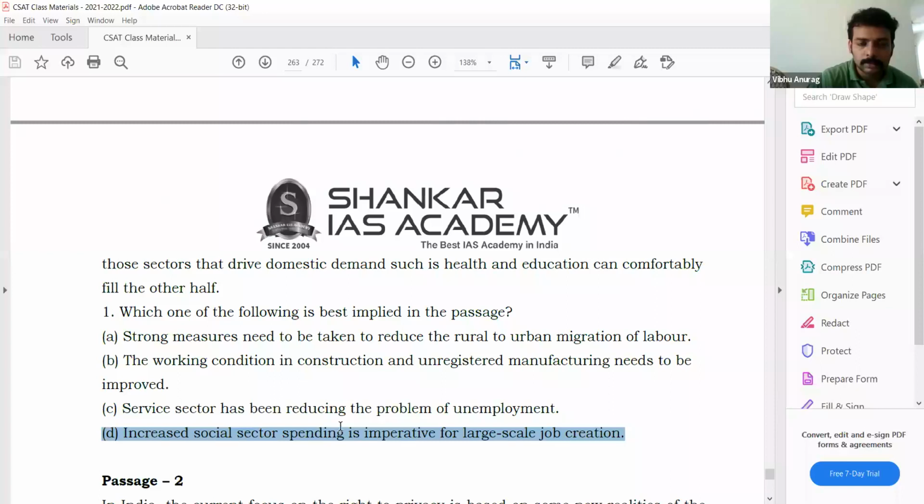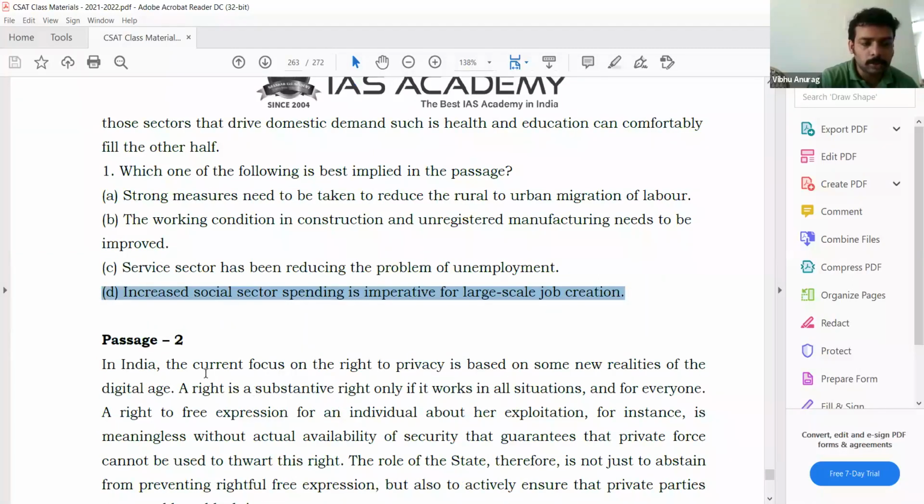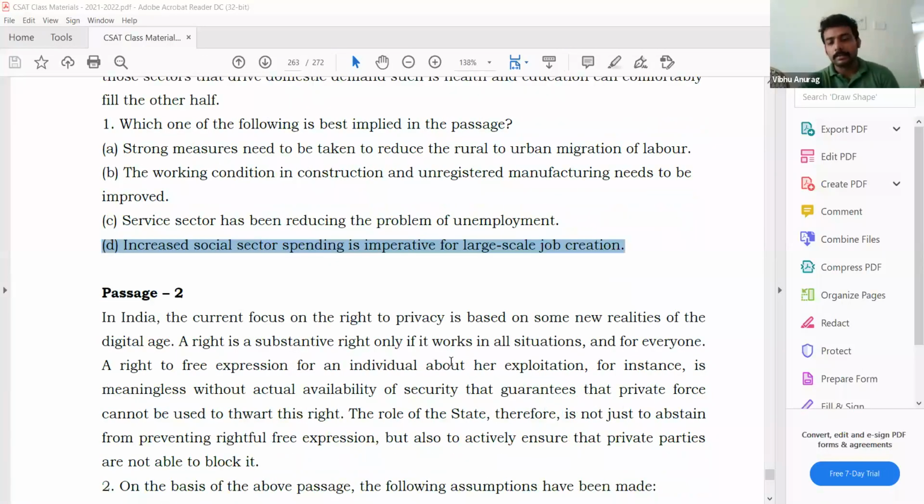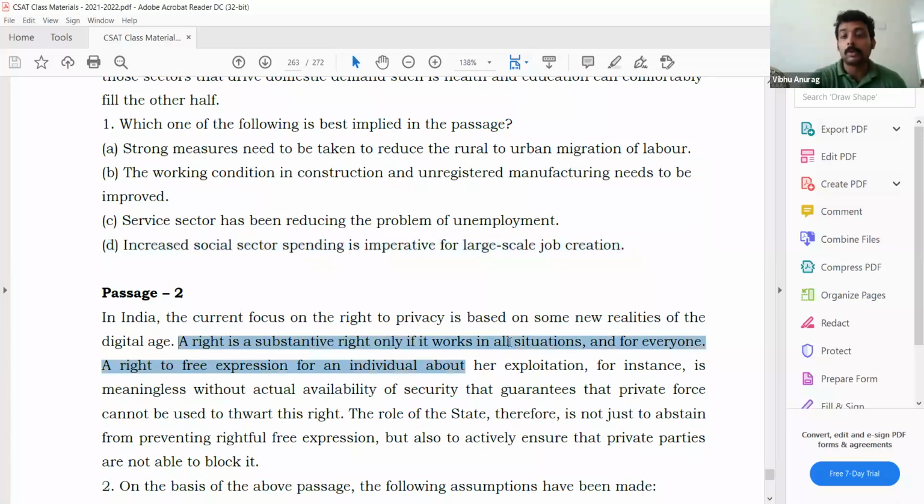Okay. And see passage 2. In India, the current focus on the right to privacy is based on some new realities of the digital age. A right is a substantive right only if it works in all situations and for everyone.